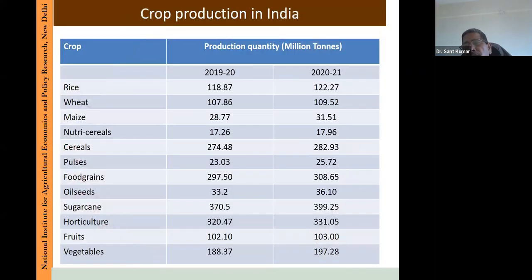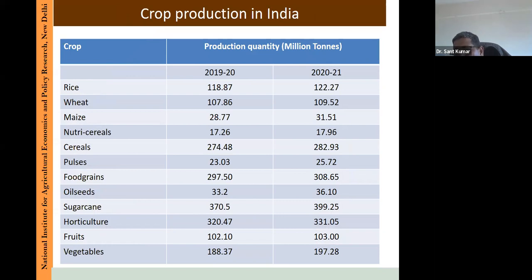If we see the food production front, our food grain production is about 308 million tons. Of that, we produce rice of about 122 million tons and wheat 109 million tons. We produce about 400 million tons of sugarcane and 330 million tons of horticultural produce.